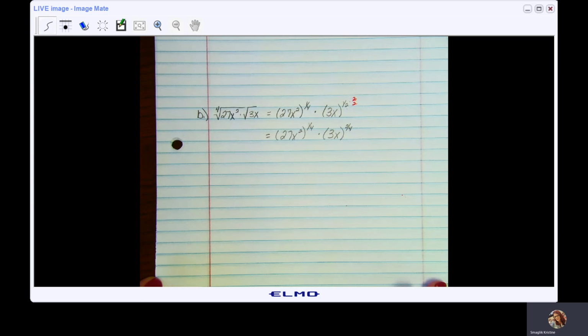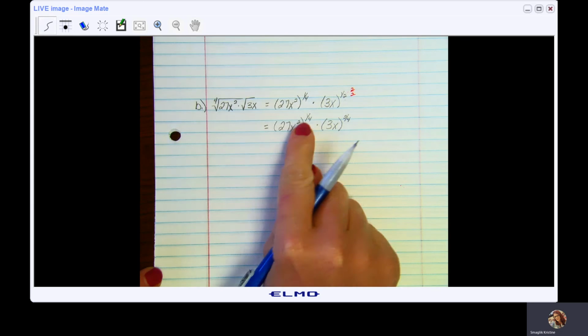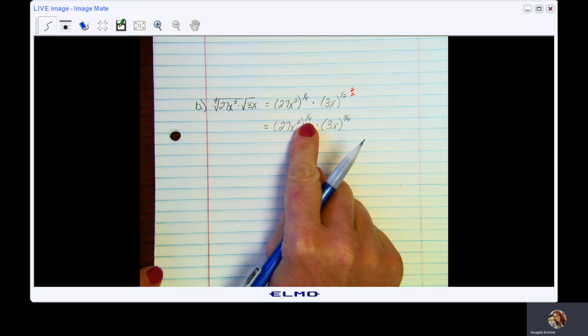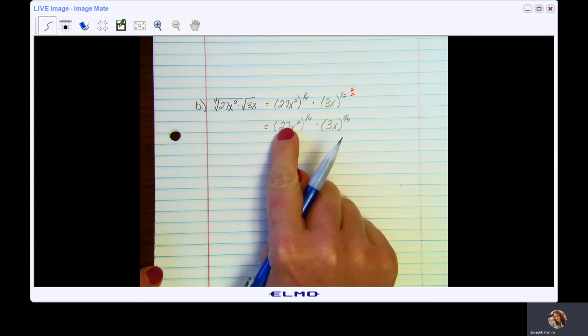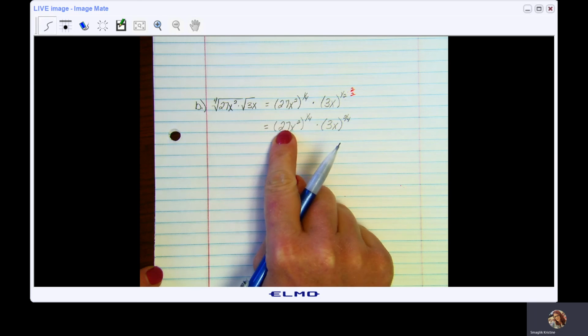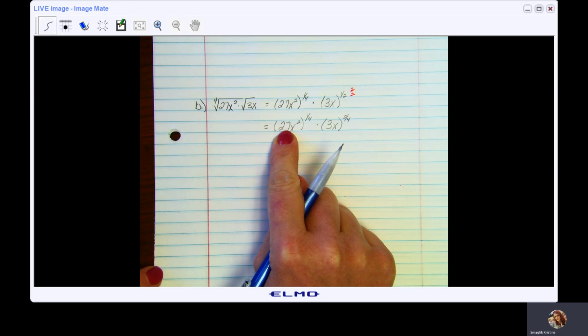Now, it might be tempting to use your properties of exponents to distribute this 1/4 over, but understand if you're taking the 4th root of 27, it's not going to simplify all the way.